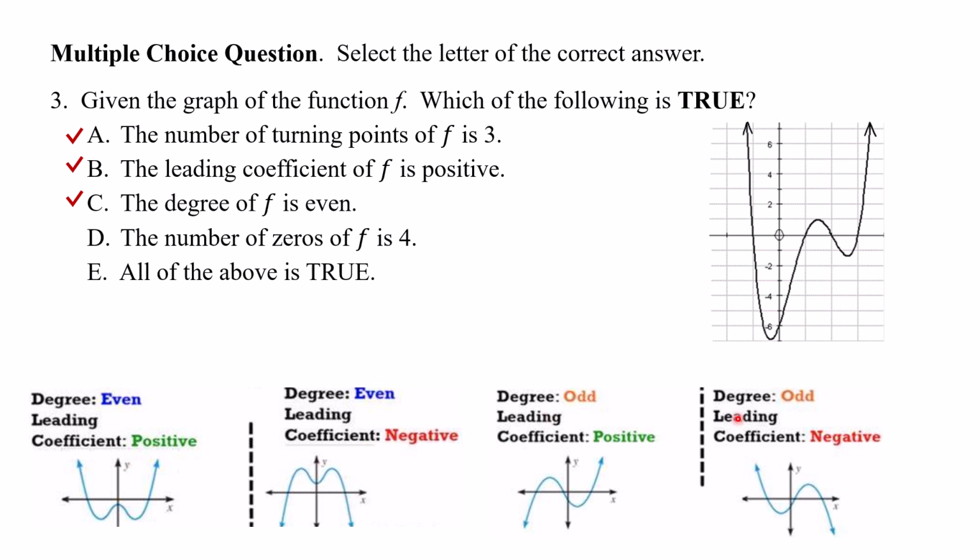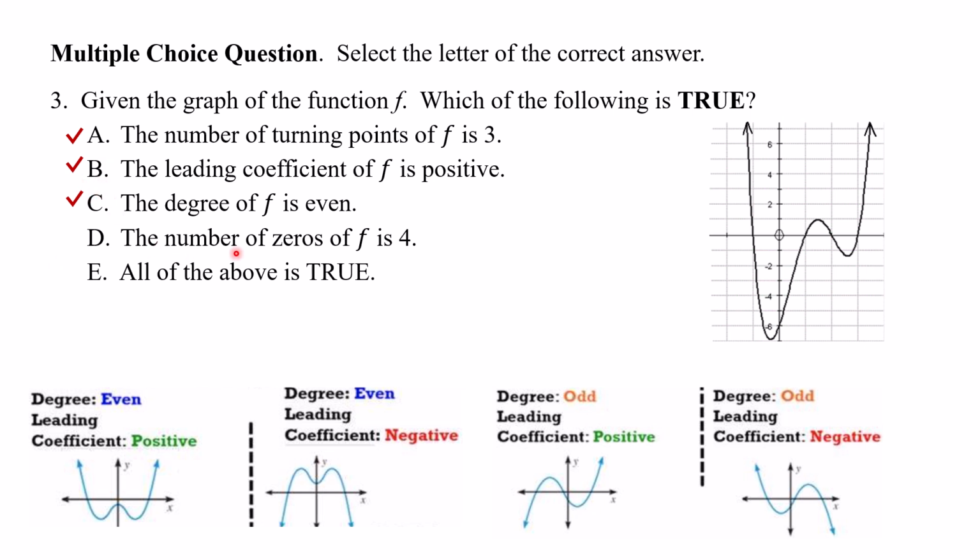And also when the graph is opposite like this, the degree of the function is odd, and it's positive if the right is positive, and the coefficient is negative if the right is negative. So this is just additional information, but we are referring to the first graph here. So we make use of this to be able to answer letter B or C.